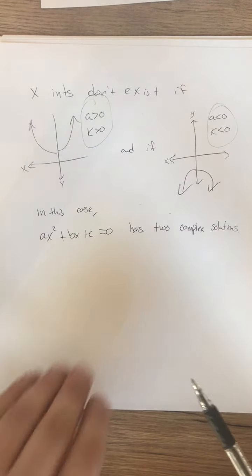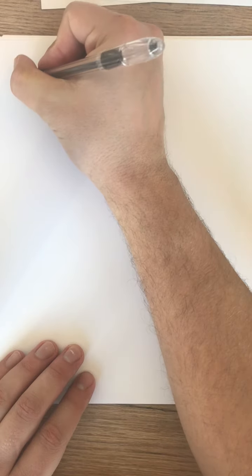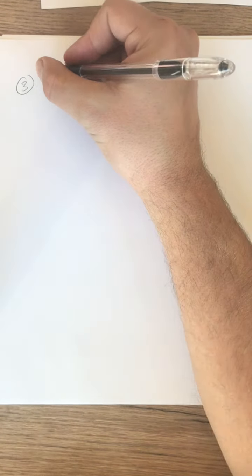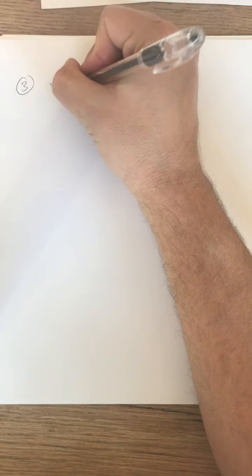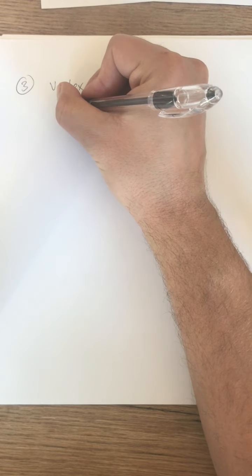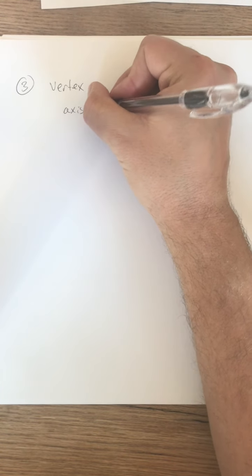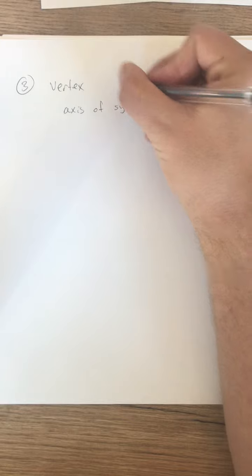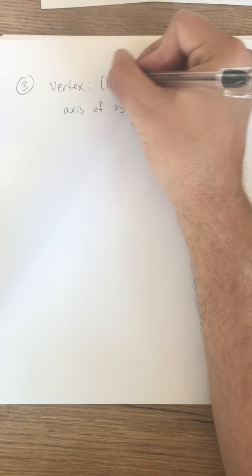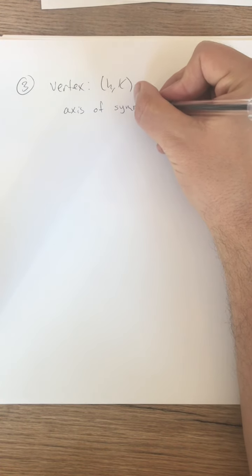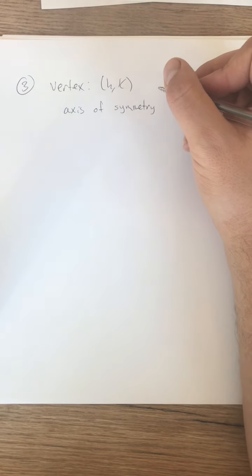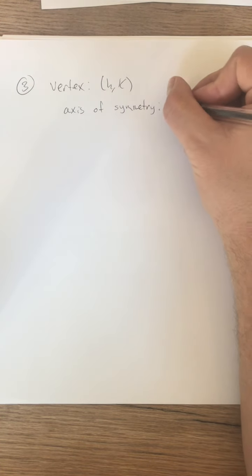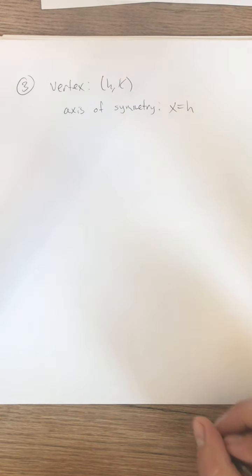So y-intercept, x-intercepts, and then from the vertex, we've already mentioned how to find the vertex. We get the axis of symmetry. We're still going to refer to the vertex as the ordered pair h comma k. The axis of symmetry is x equals h.